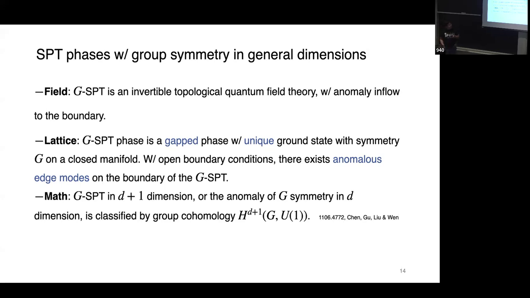And in the math perspective, G-SPTs in D+1 dimensions, or the anomalies of G symmetries on the boundary in D dimensions, are classified by group cohomology like this. So we want to ask the same question for SPTs with non-invertible symmetries. How do we classify them?